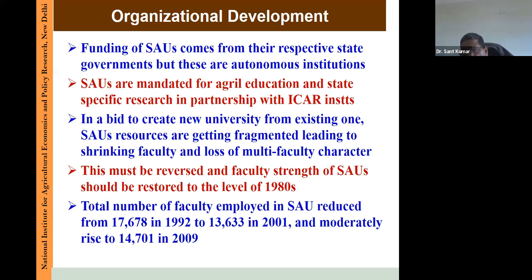This must be reversed if we want to check the quality, and the faculty strength of SAU should be restored to the level of 1980, when we were having about 25,000 agricultural scientists in this country. But the number has been reduced very drastically, particularly in the state agriculture universities.